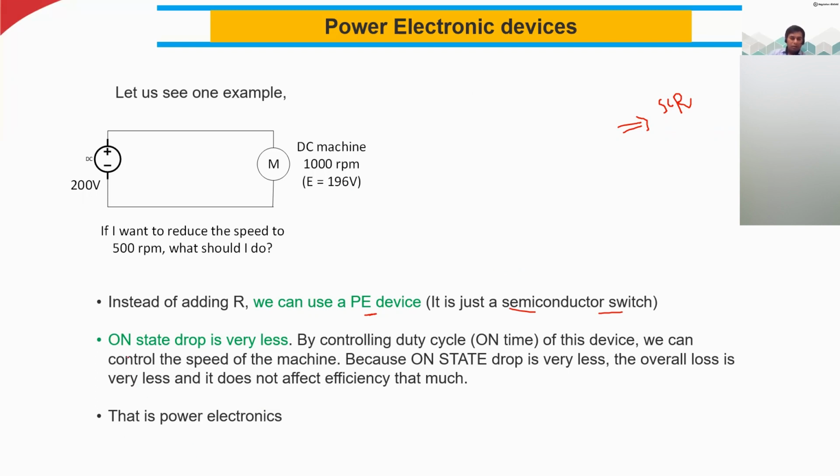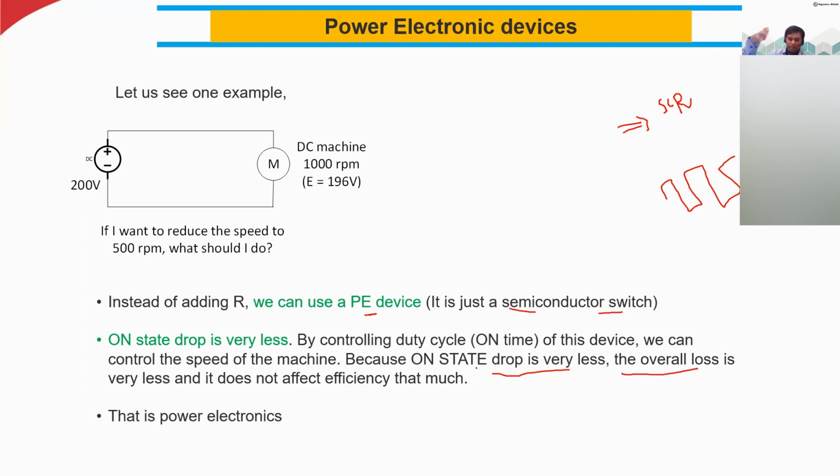The on-state drop is very small. As I said, we can control the duty cycle, on and off. By controlling the duty cycle of this device, we can control the speed of the machine, because the on-state drop is very small and the overall loss is really small, even after you take the average.